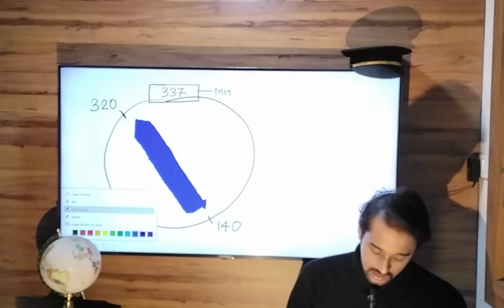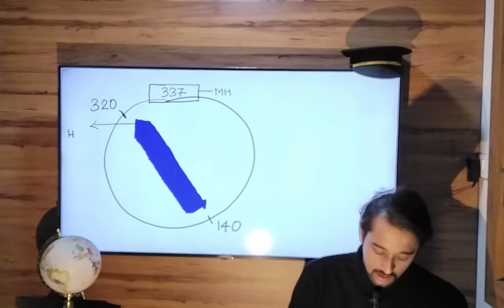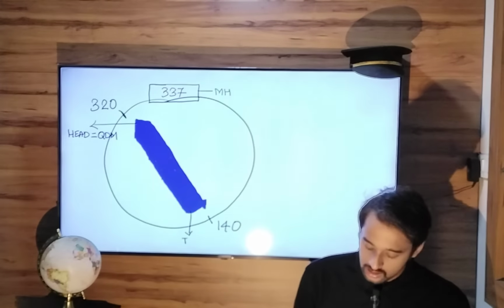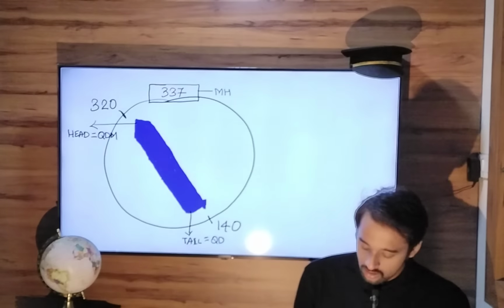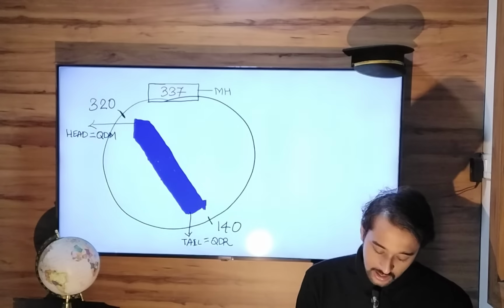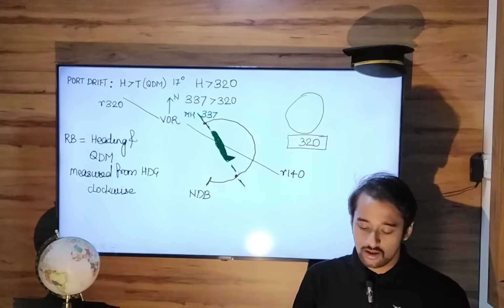Let's label this. Head is QDM to the VOR, tail is QDR from the station. So blue is for VOR.